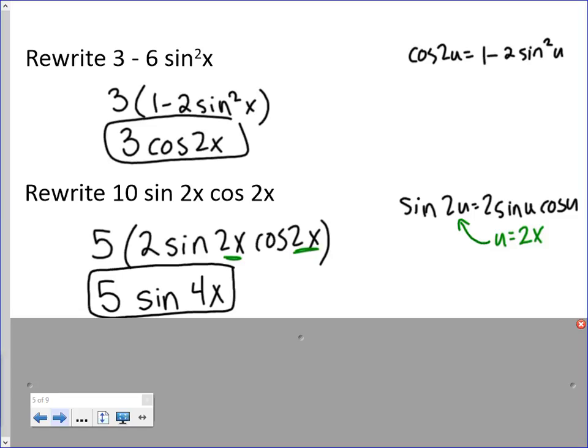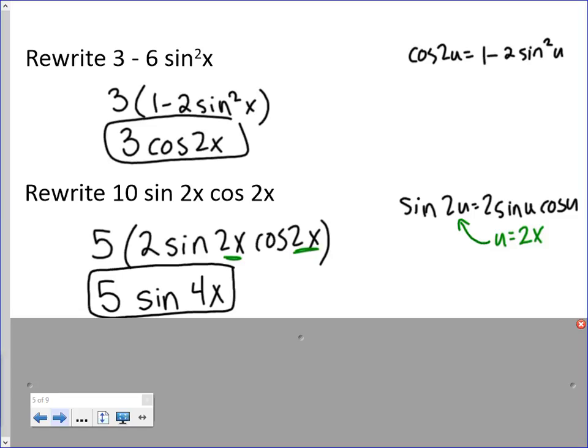And then understanding how the formula works, how that would have been my 2u, 4x, so that my u would then be 2x. If you had sine of 3x and cosine of 3x, then your u would have been 3x, and the 2u would be 6x. So it goes back as a double. Are we okay with this?